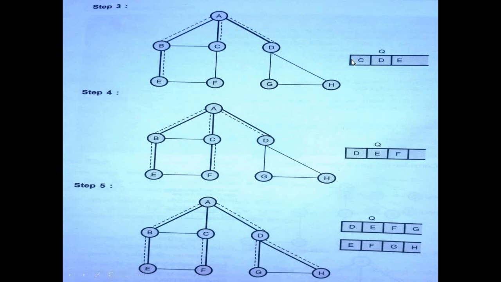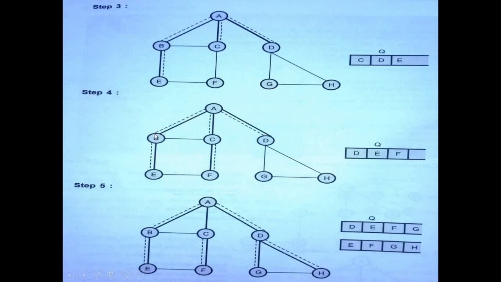After B we have written C, so we have to explore the C node. While exploring the C node, we can see that the adjacent vertices of C are B and F. B is already explored, so ignore it. From C we can also go to the F vertex, so the adjacent vertex F is also there. So after E we can write our F here.